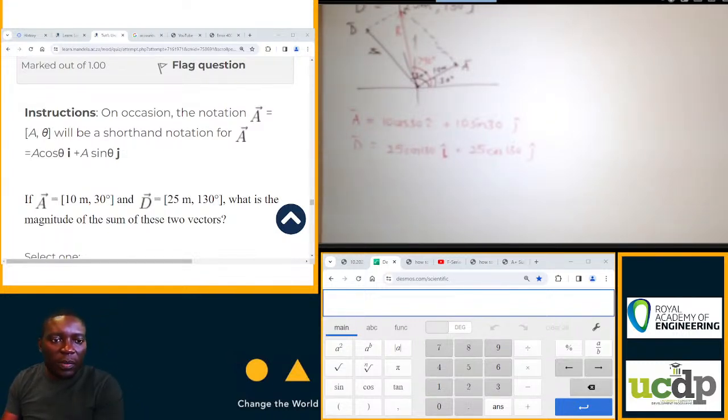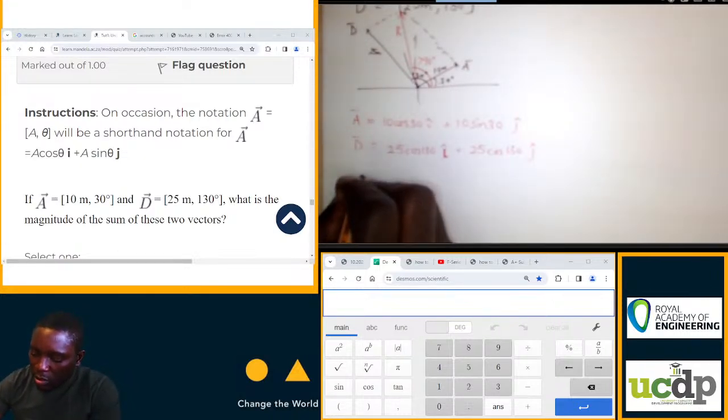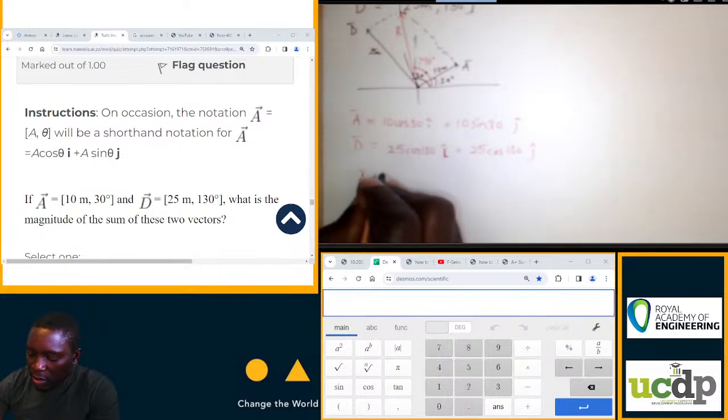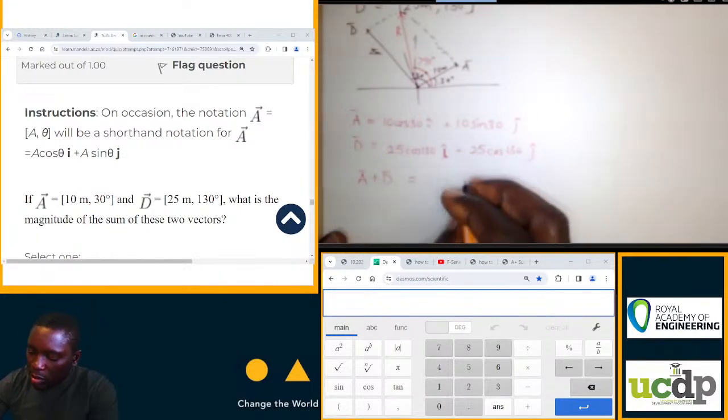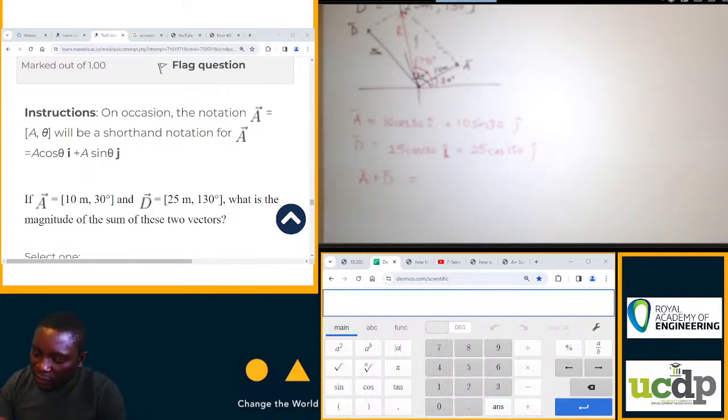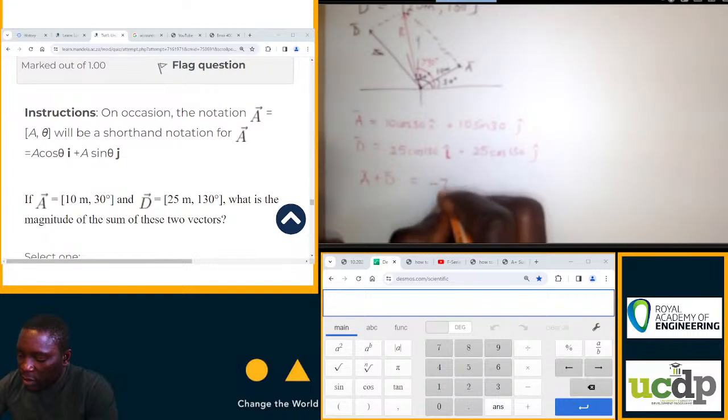For us to find the magnitude of the sum, we first add A and D. So the sum will be vector A plus vector D, and that will be 10 cos 30 plus 25 cos 130, which is negative 7.41 in the i.